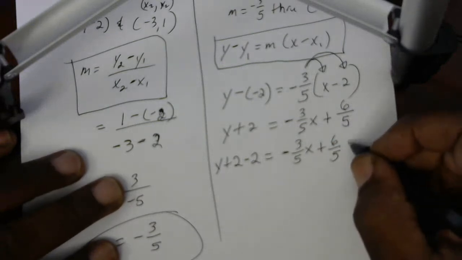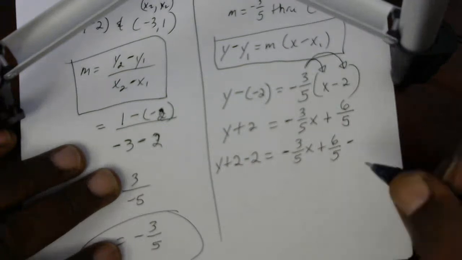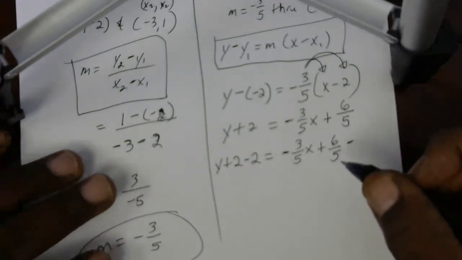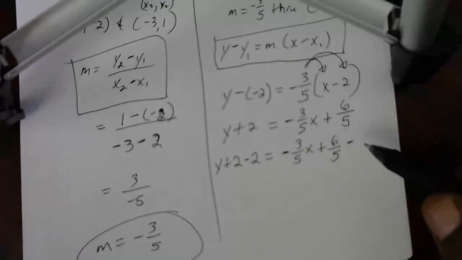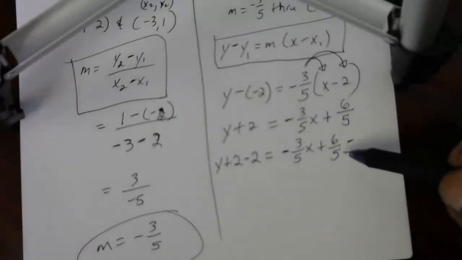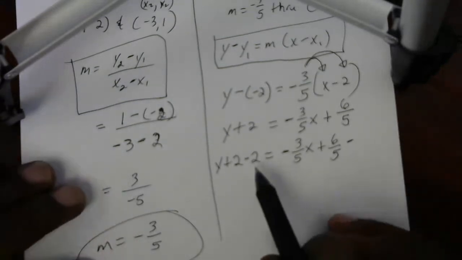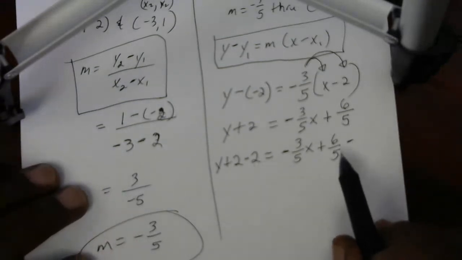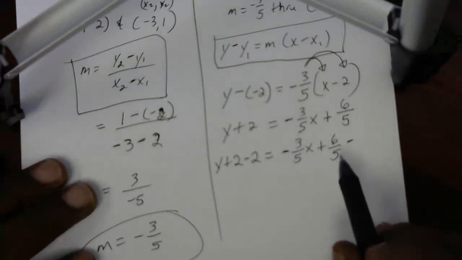And I also have to subtract 2 from the right-hand side. Since I have a fraction 6/5 on the right-hand side, I'm going to rewrite 2 with a denominator of 5, if that makes any sense.